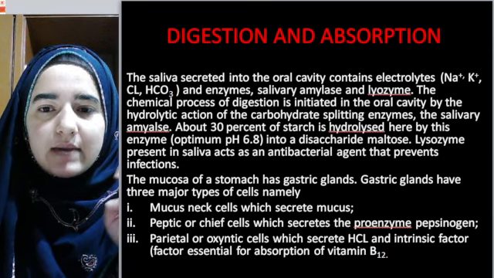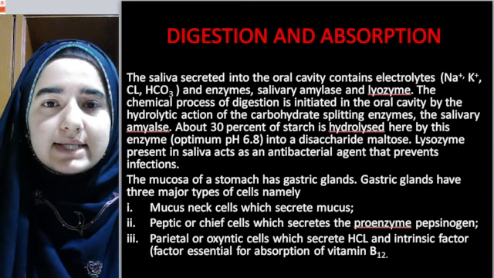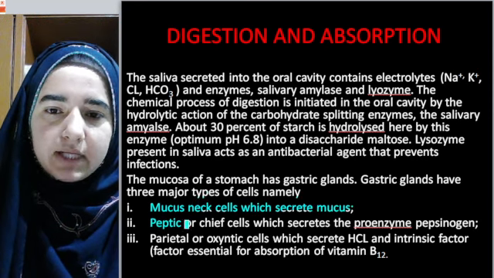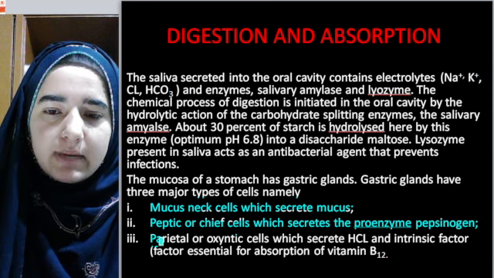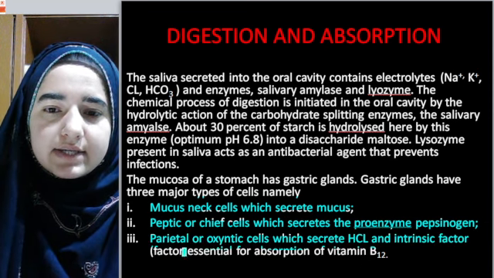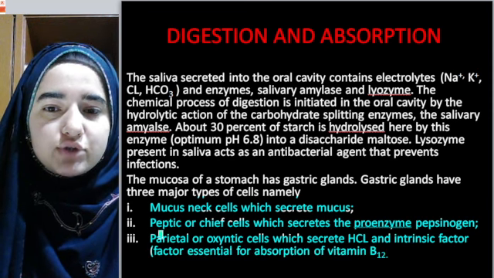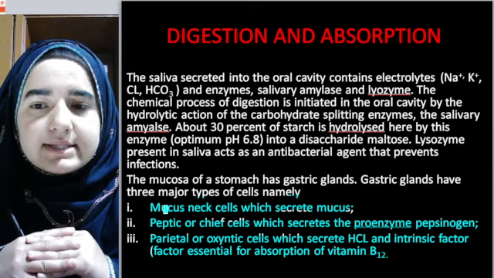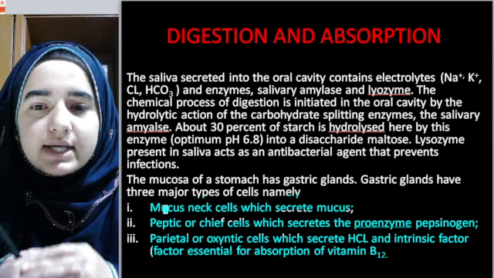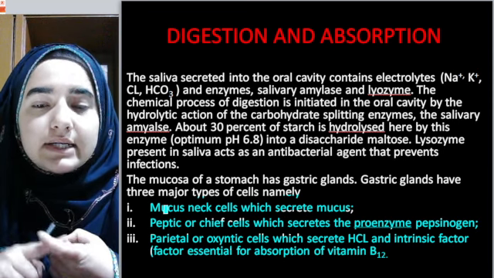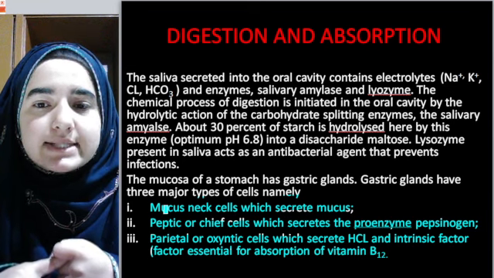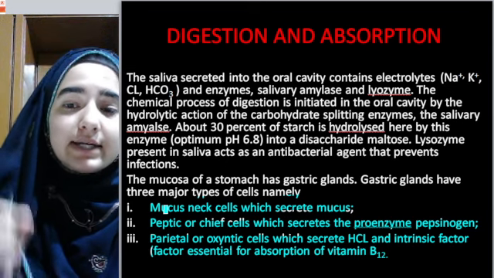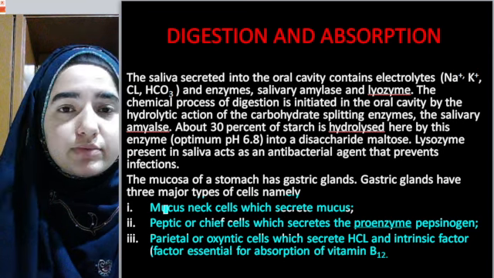You will remember these names: mucous neck cells, which secrete mucus; peptic or chief cells, which secrete proenzyme pepsinogen; parietal or oxyntic cells, which secrete HCl and intrinsic factor, which is essential for absorption of vitamin B12.